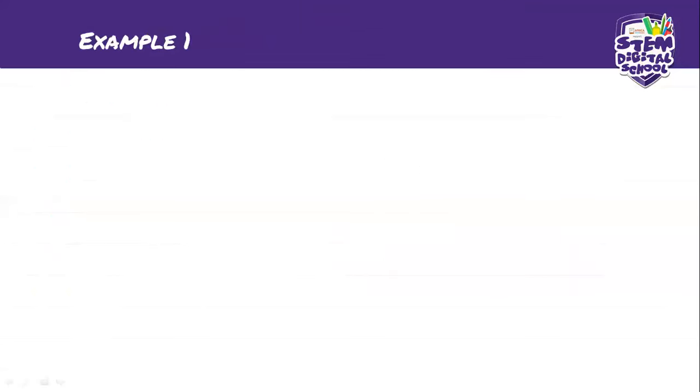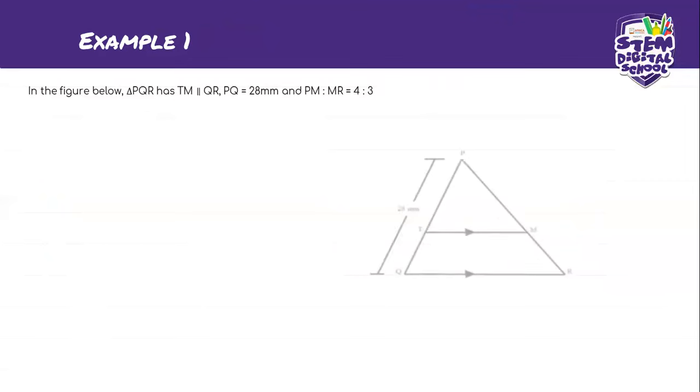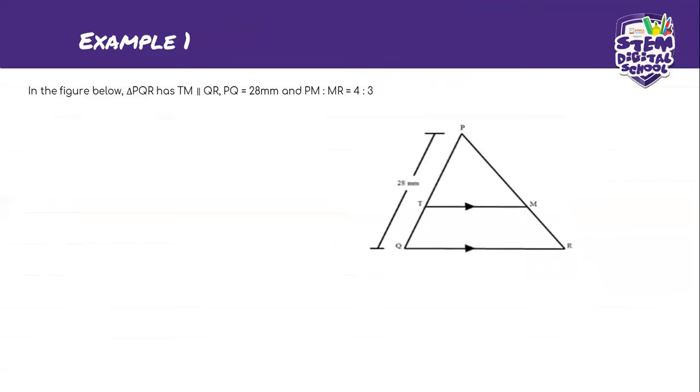Now we have example 1 based on what we've just discussed. All right. They are saying in the figure below, triangle PQR. Where's PQR? Can you see that triangle?